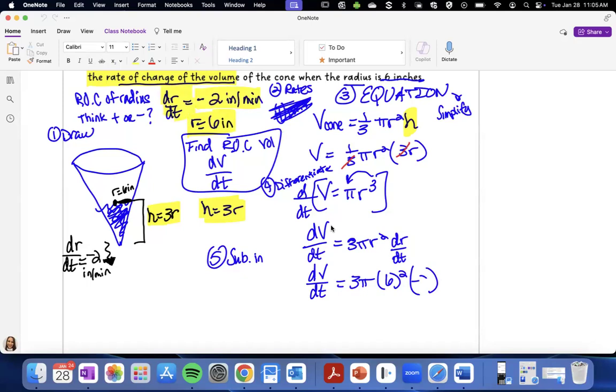And we simplify. So we get dV over dt is negative, what is that? 36 times 3 times -2 pi.